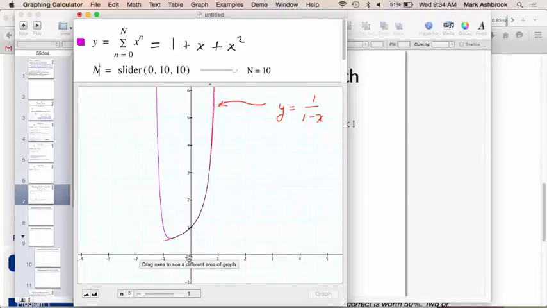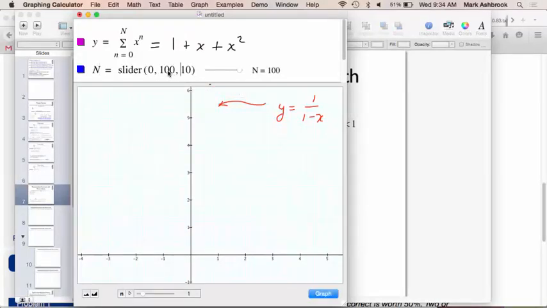So imagine if we added the first 100 terms. Let's do it. Okay, but we only need to show this from -1 to 1.